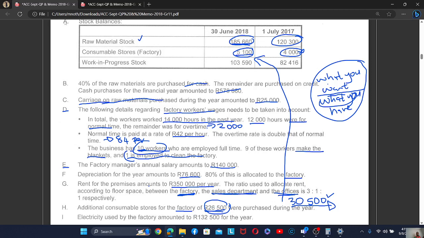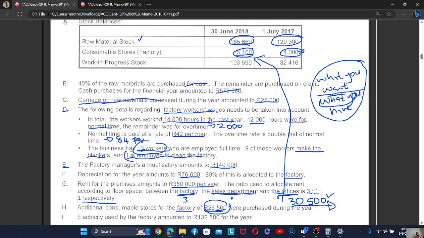Let's see. And then the ratio is 3:1:1, right? Meaning that, and then they said respectively, meaning that 3 is for the factory. So this is going in order, like this.